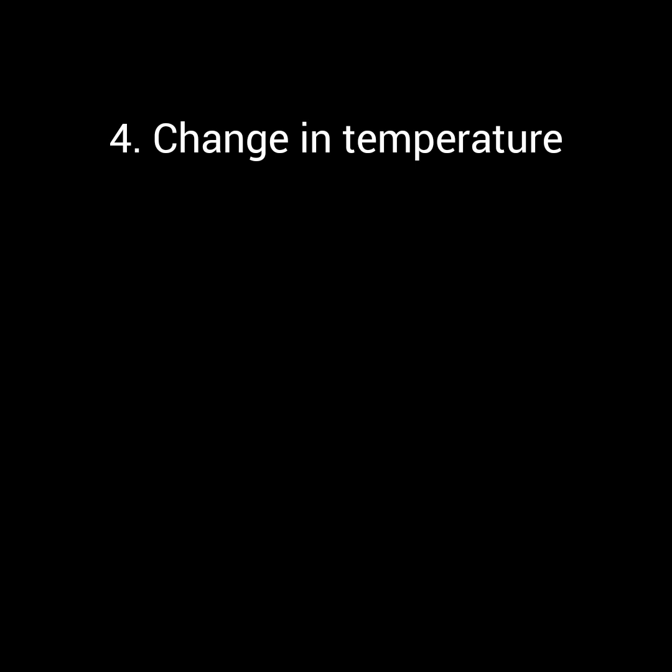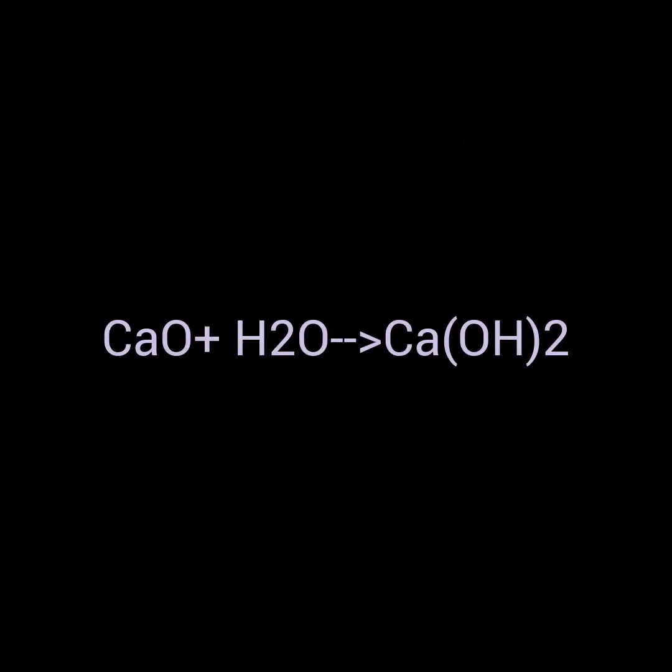Fourth one is change in temperature. In some chemical reactions there is either a rise in temperature or a fall in temperature. So, reaction between quicklime and water. Quicklime is calcium oxide. When calcium oxide reacts with water, we will get calcium hydroxide, which is also known as slaked lime.